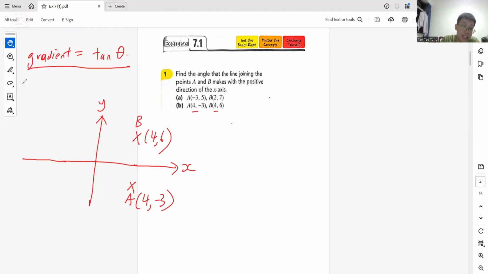So this is a very simple scenario where you draw a vertical line. I know it doesn't look like a vertical line because I'm drawing it by hand, but we should know that this is a vertical line. When we have a vertical line, it means that this is 90 degrees.